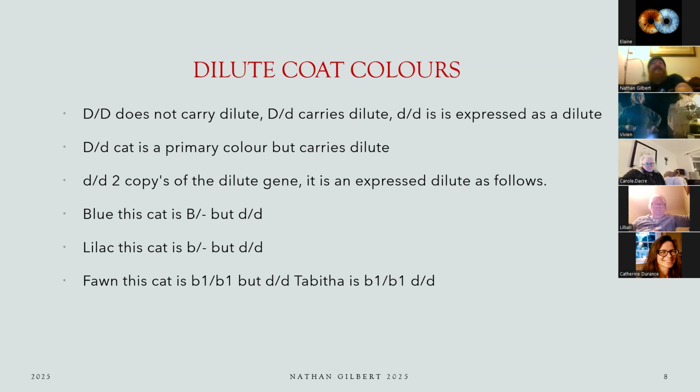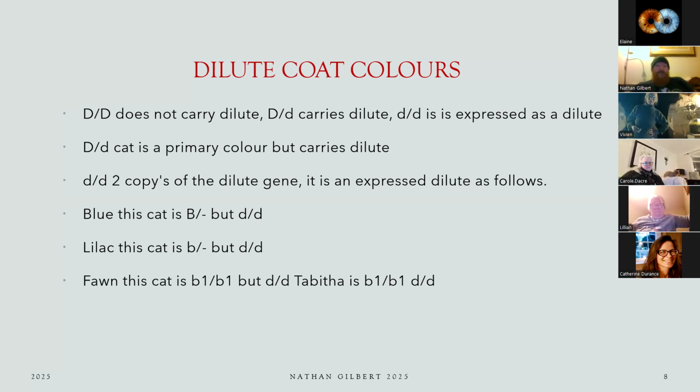So the cat is still black, but it's expressed as this gray color because the dilute bleaches some of the color out. And the chocolate cat is expressed as lilac when it has two copies of the dilute gene, and the cinnamon sorrel cat is expressed as fawn.